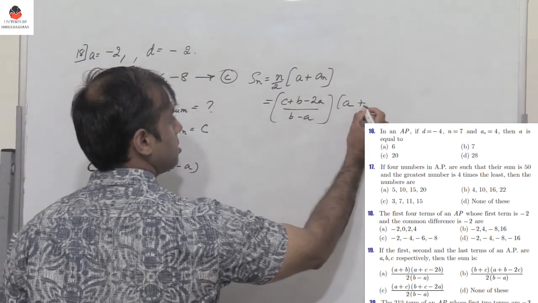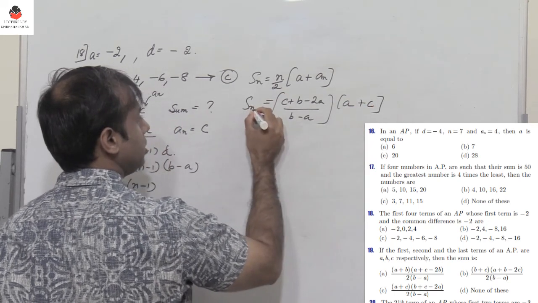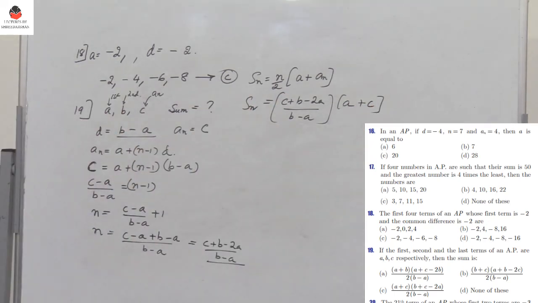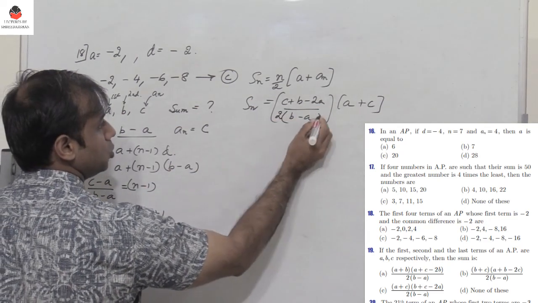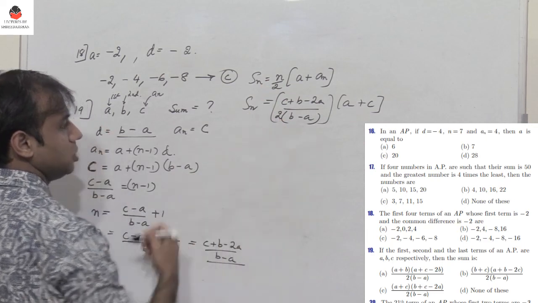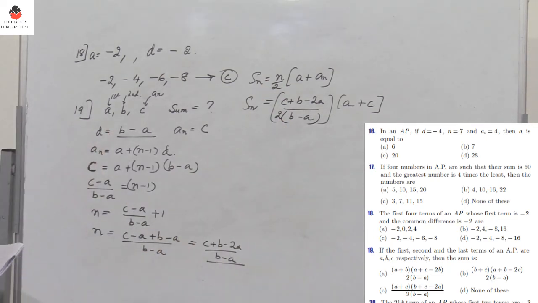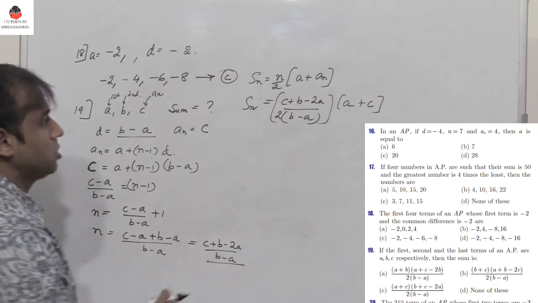So you have a plus c. So this is the sum to n terms. So observe that the sum to n terms is (b plus c minus 2a) into (a plus c) divided by (b minus a) into 2. It is n by 2, isn't it? So you have 2 and 2. And observe that this corresponds to the option C.